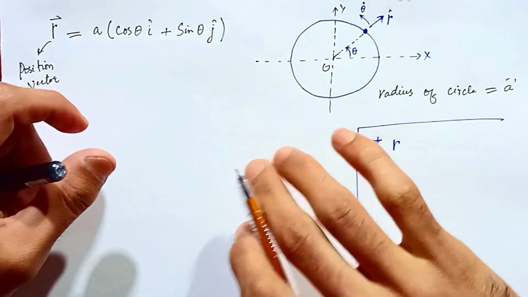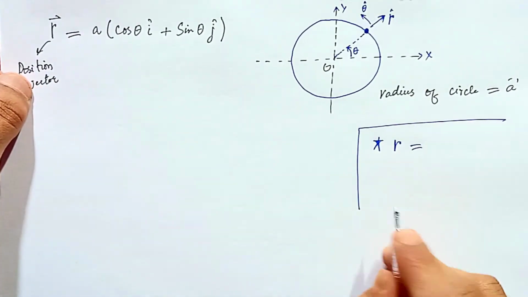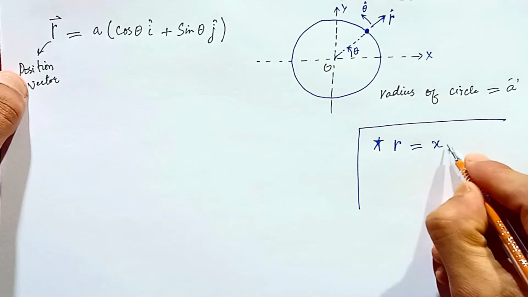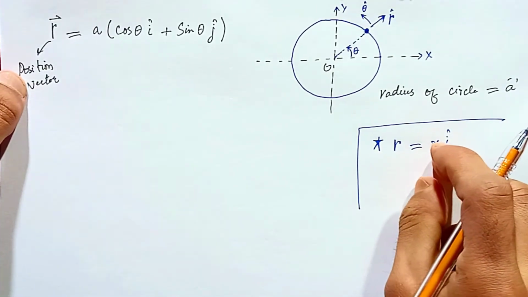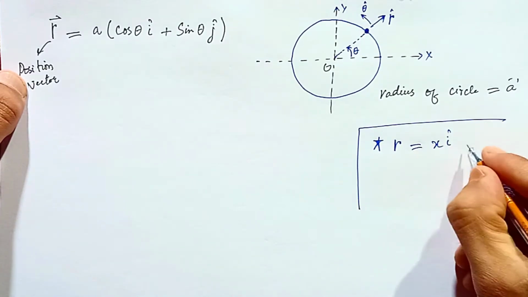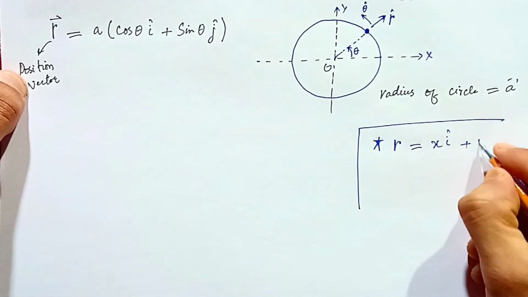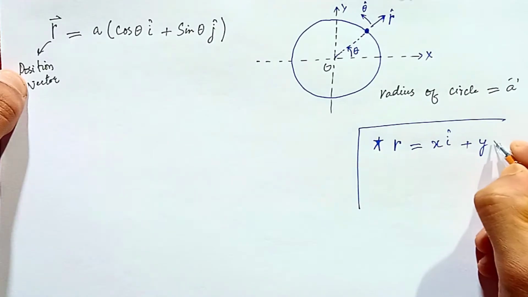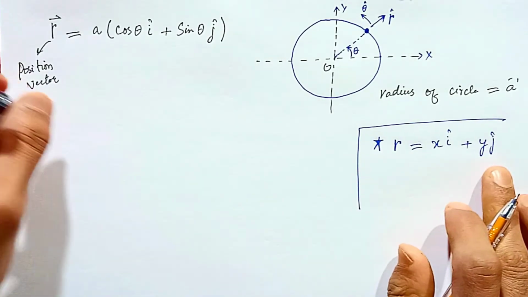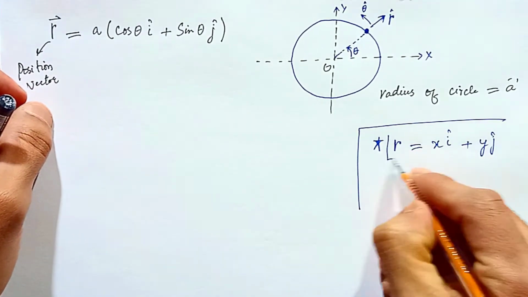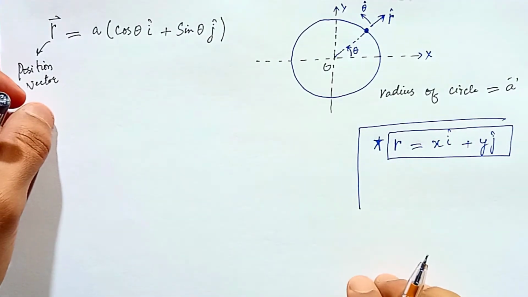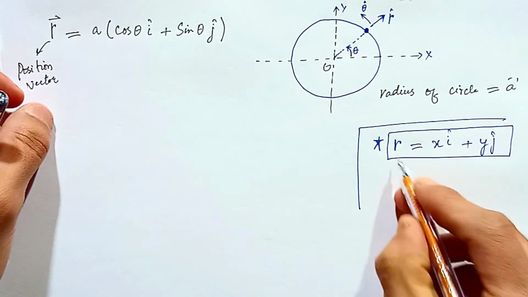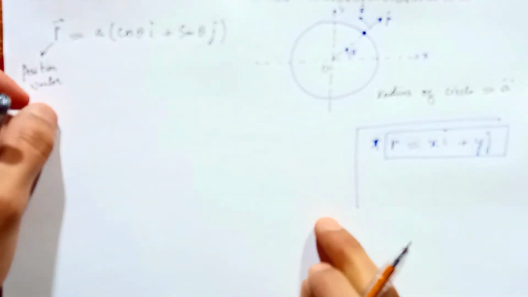Any vector in the Cartesian coordinate system is represented by the x magnitude of the vector along the x-axis plus the y magnitude along the y-axis. This is the general representation of any vector in the Cartesian coordinate system. However, since here it is moving along the circular path, we can write it in a different form.